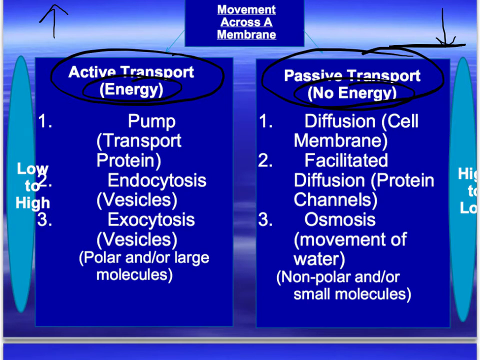Let's start by talking about passive transport. There are three basic ways that things can passively, or without energy, move into the cell. The first one is called diffusion. That means that these are nonpolar substances that can simply pass through the cell membrane. This happens because there's a higher concentration of these particles.